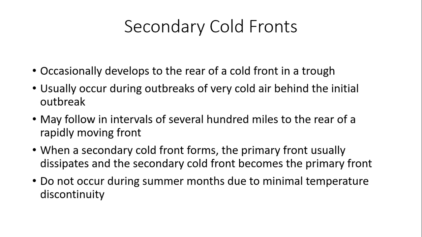Secondary cold fronts may follow in intervals of several hundred miles to the rear of a rapidly moving front. When that secondary cold front forms, the primary front usually washes out or dissipates, and then the secondary cold front becomes the primary front from that point forward. Secondary cold fronts, again, are primarily a winter feature and do not occur during the summer months.